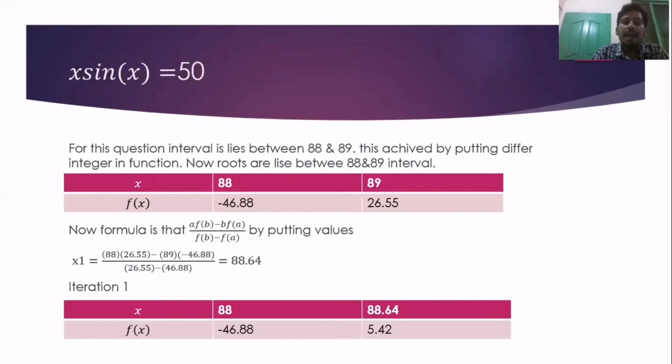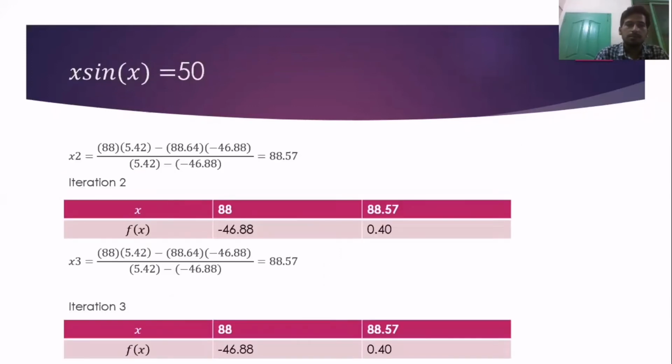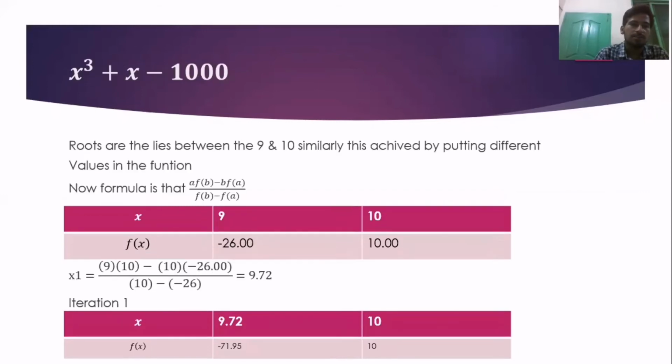Remember, the answer we get from the formula is put in the function. If the resulting answer is positive, then we replace the positive-side integer. If the answer is negative, then we replace the negative-side integer. This is the whole iteration for this question.